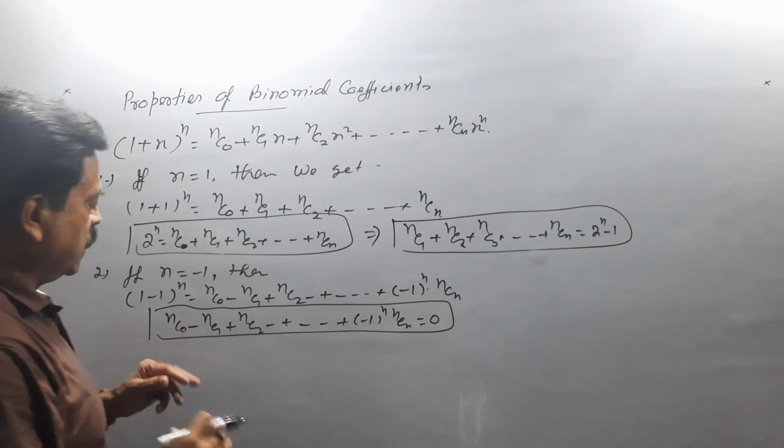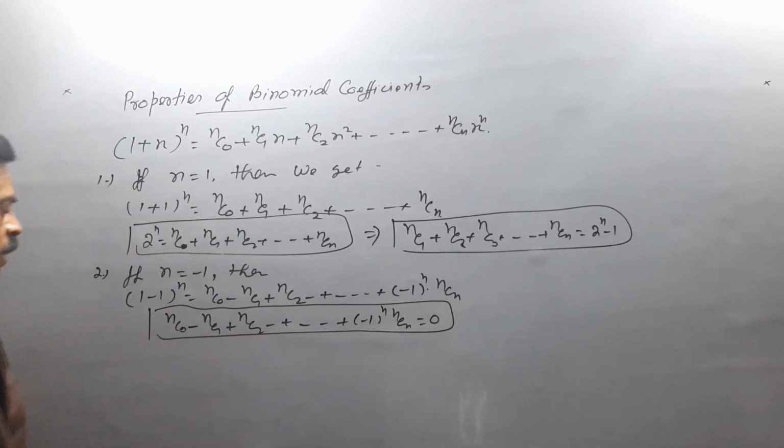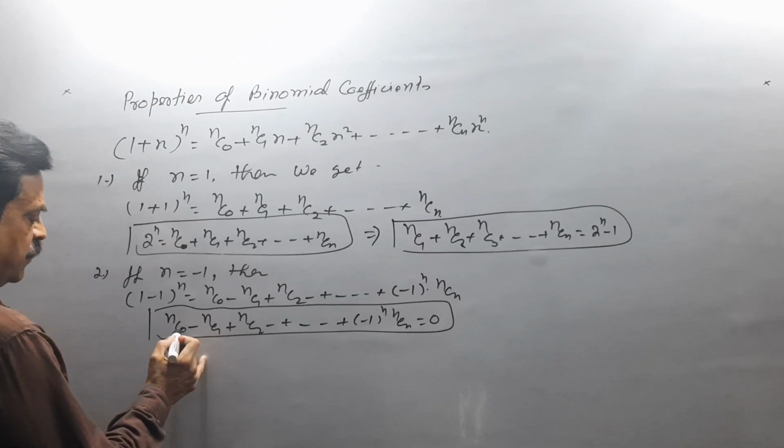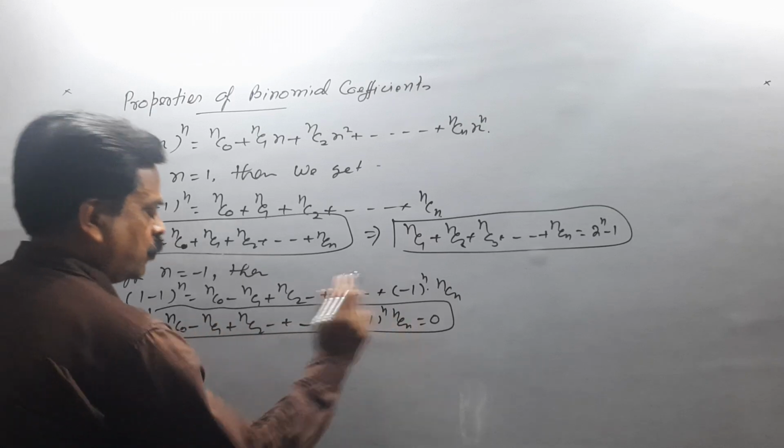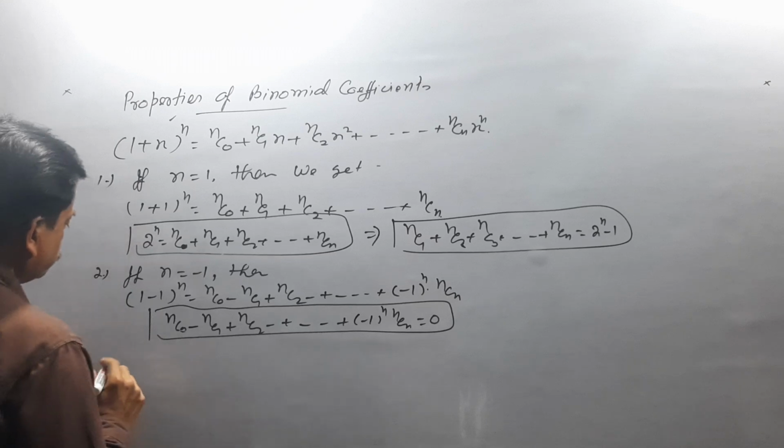So this is the second property. If the terms are alternately positive and negative, then the result is 0, and the upper suffix of C remains constant throughout the expansion, and this n is the power of (1 + x).